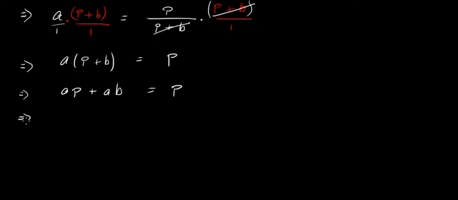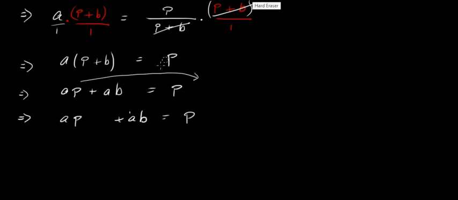So now let's just put this p and this p together. So how do I do that? Well, let's take this and just bring it over here. Well, let me just write it down first. Okay, now, what am I doing here? Well, what you have to ask yourself is, what's this ap doing here on this left hand side?